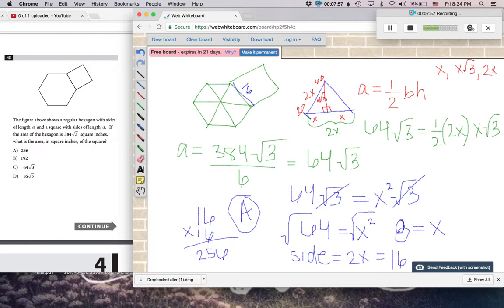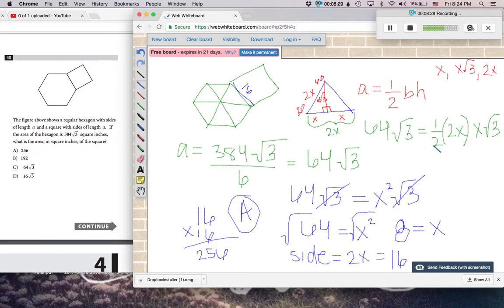Once we knew we had a 30, 60, 90 triangle, we have these memorized ratios, x, x square root of 3, and 2x. We apply those. So we say, okay, 64 square root of 3, the area of the triangle, is equal to 1/2 times the base, which is going to be 2x because it's 2 of these, times the square root of 3, which is this length right here down the middle, x times the square root of 3.